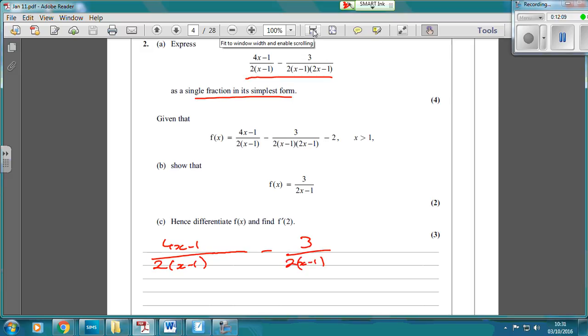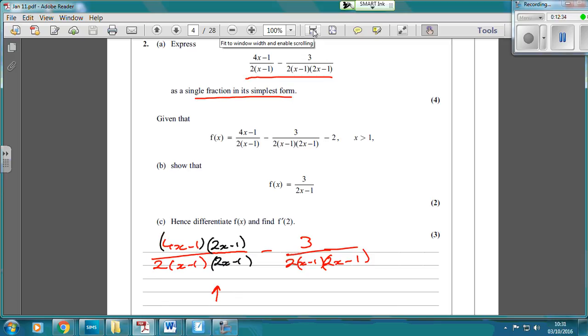So 2 bracket x minus 1, 2x minus 1. So what we're missing from the left-hand side here is a 2x minus 1. So if we multiply top and bottom by 2x minus 1, then we're going to have a common denominator.